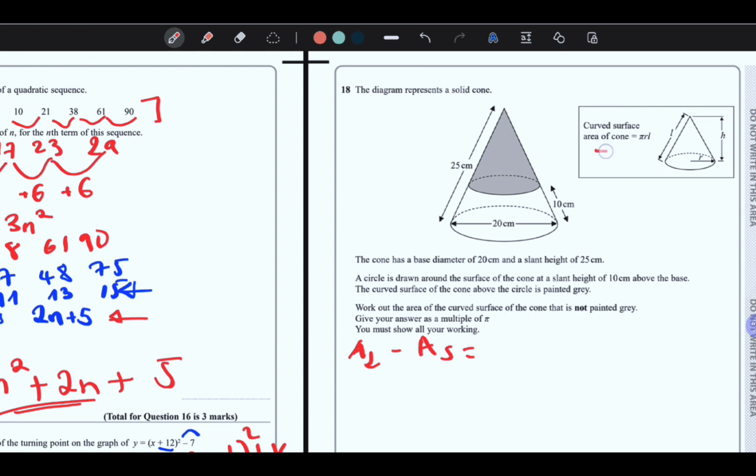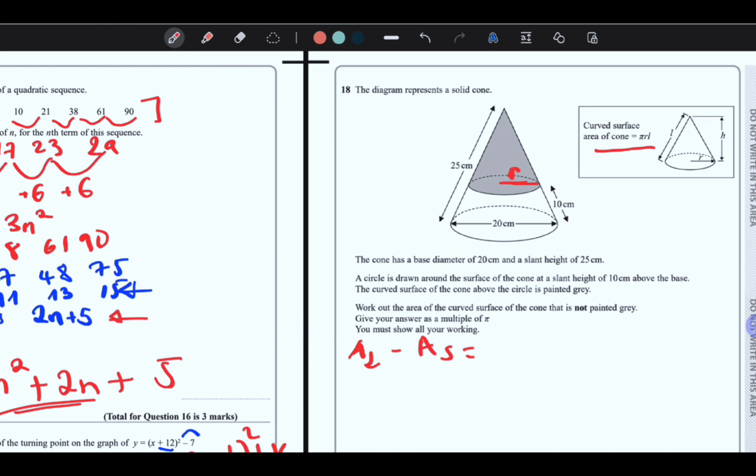They've given us the formula here, which is pi times radius times slanted length, but we do not know the radius of the smaller cone on the inside. So for us to find it, we would need to use the notion of similar shapes. So let's call this R.